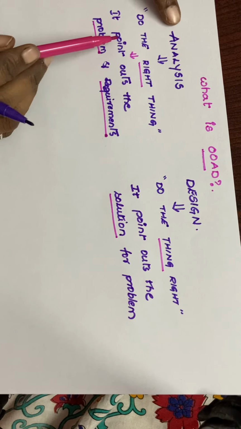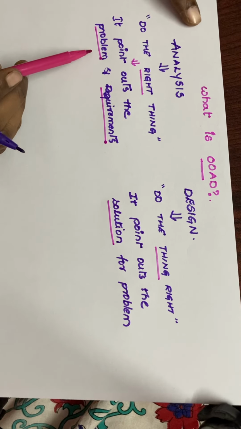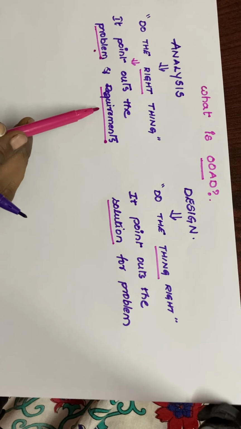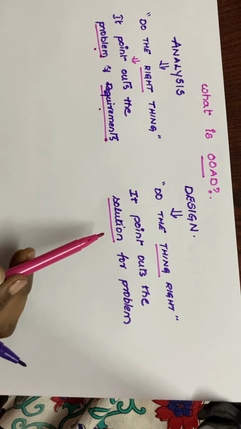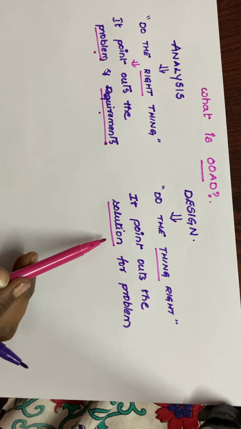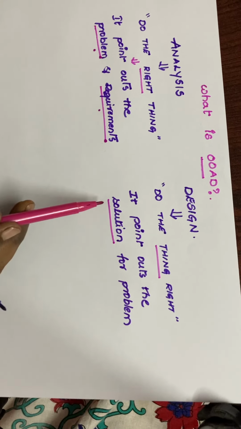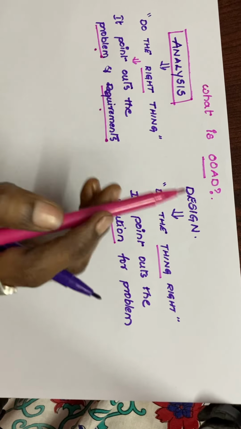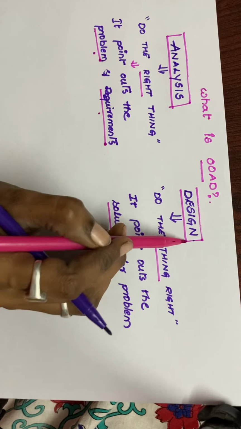In analysis, we are pointing out what is the problem of our thing and what are the requirements for the thing. Here in design, we are going to point out the solution. So these are the main criteria of analysis and design.